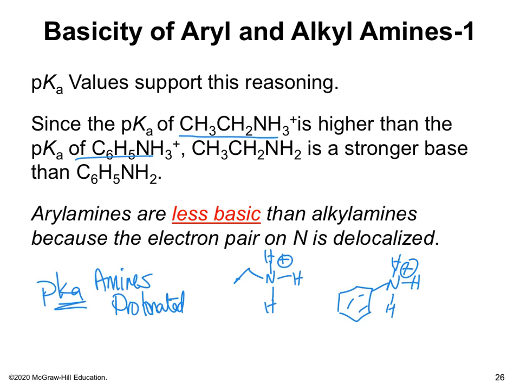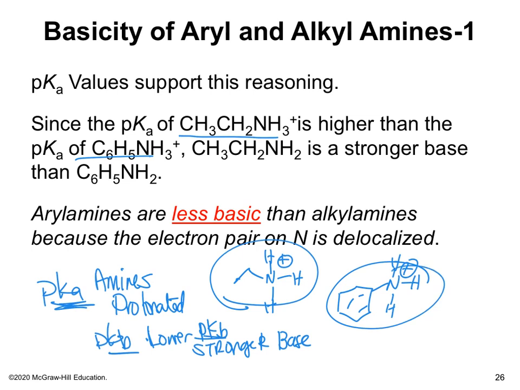You can look up charts on those, or you could look at pKb values. Since you don't have to memorize things, you can look at pKb values. And if it has a lower pKb value, then it's going to be a stronger base. So that's another way. A lot of times if I ask you for the reasoning, I don't want you to tell me because of the pKa or pKb value. I want you to tell me, oh, this is because it's an aliphatic versus an aromatic. So make sure you understand this.